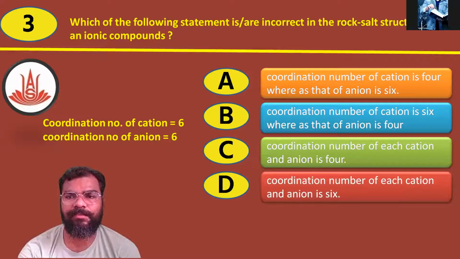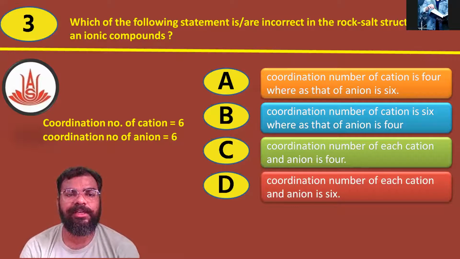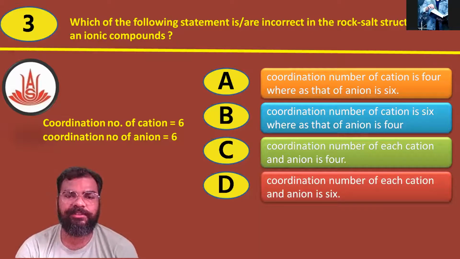Question number 3: which of the following statements is or are incorrect in the rock salt structure of an ionic compound? There are four options available. Option A: coordination number of cation is 4, whereas that of anion is 6.